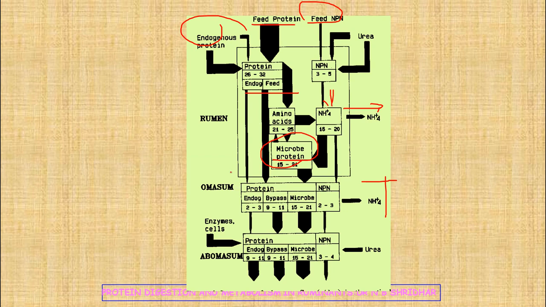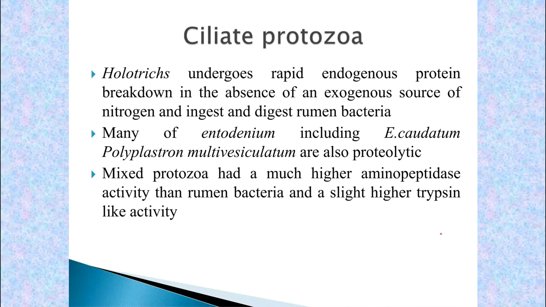So it passes on as endogenous protein, bypass protein and microbial protein. Whereas the non-proteinous nitrogen is again converted into ammonia. Then a variety of proteolytic enzymes are present in the intestine, the abomasum and elsewhere to convert the protein into amino acids.